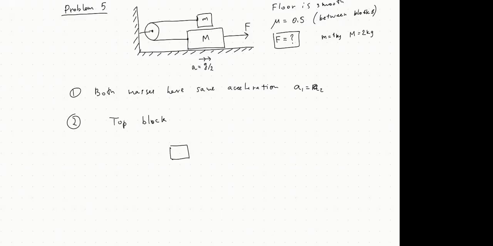There's a force to the left, which is the tension force. There's a friction force here. And there's a normal reaction force, of course, and there's gravitational force down. This is mg. We can safely say that the friction force, because it will be sliding, it will be accelerating, is mu n.